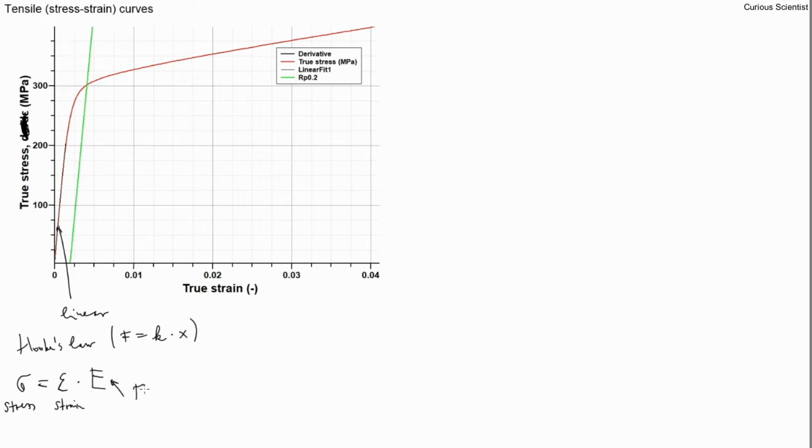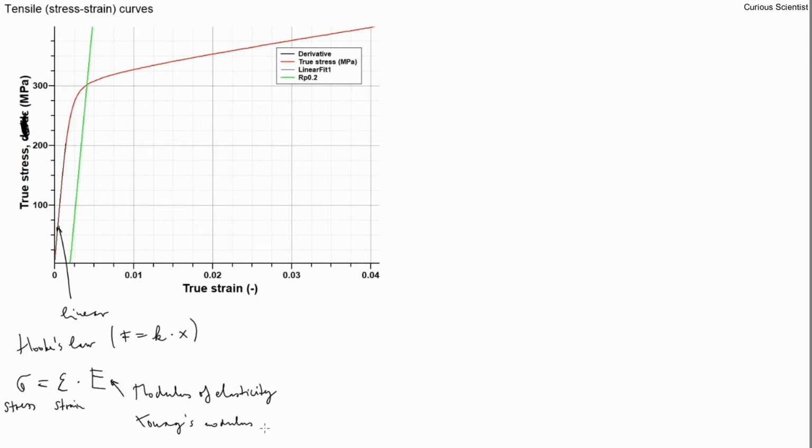It's often called modulus of elasticity, or Young's modulus. This is one of the most important parameters to get from a tensile test.